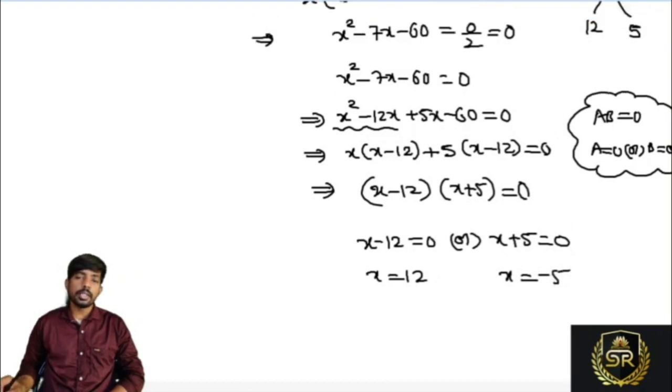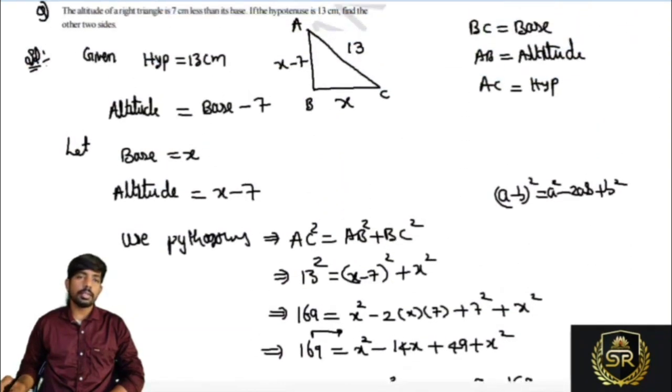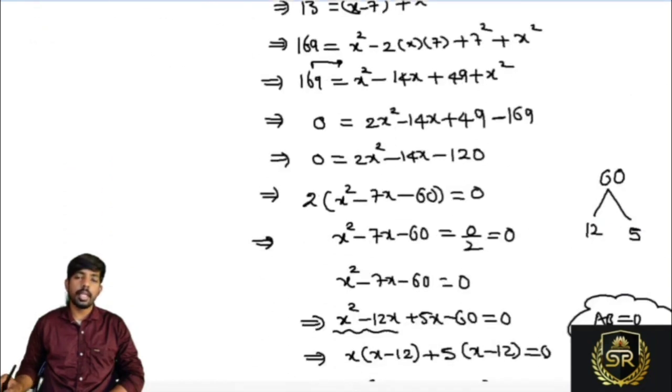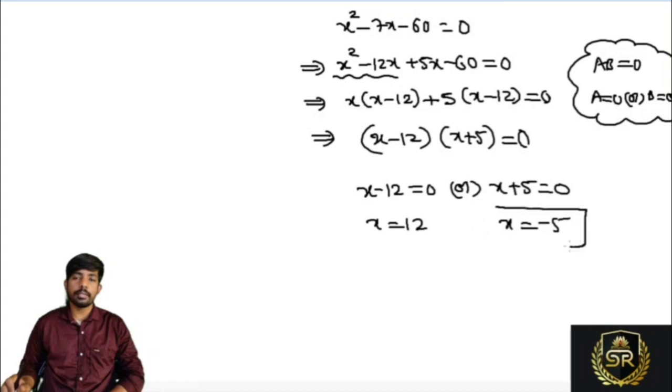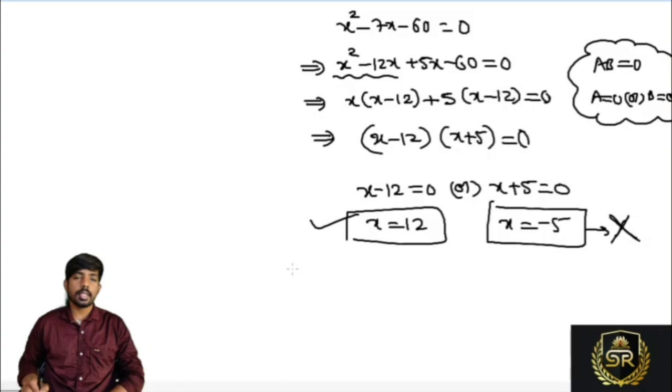Which should we consider? BC is a distance, and distance is always positive. That is the reason the negative value is rejected. So this is rejected, and the positive one is the correct answer that we consider.